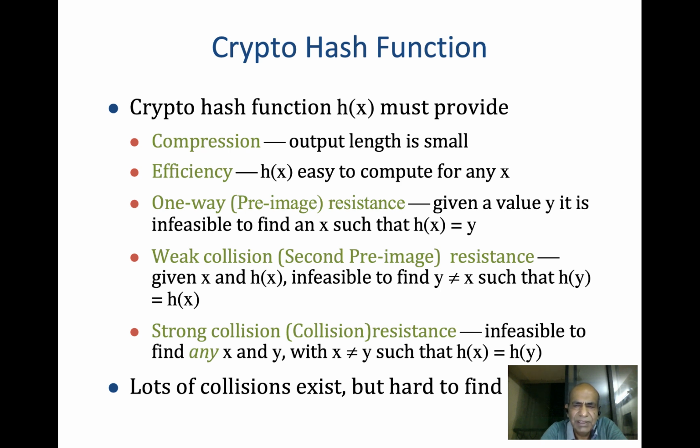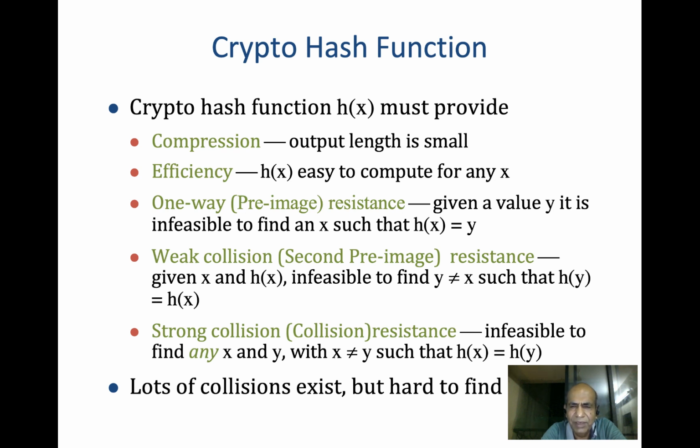So what is pre-image resistance? It says that given a value y, it is infeasible to find an x such that H of x is equal to y. What does it mean? After applying a hash function, we get a hash value.